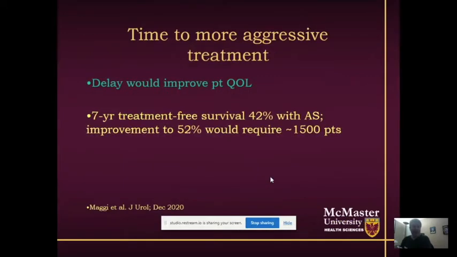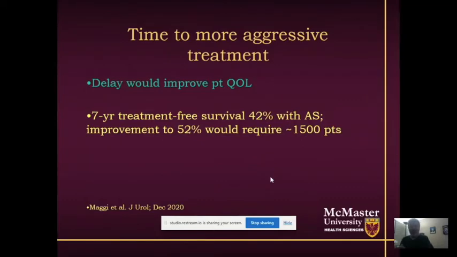Now, just to give you an idea, another possible thing that we talked about was time to more aggressive treatment, which was kind of a short-term, potentially surrogate outcome compared to overall survival or time to progression. The thought was that a delay to more aggressive treatment gives an improvement in the patient quality of life.